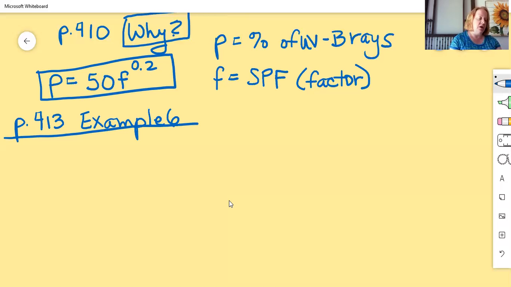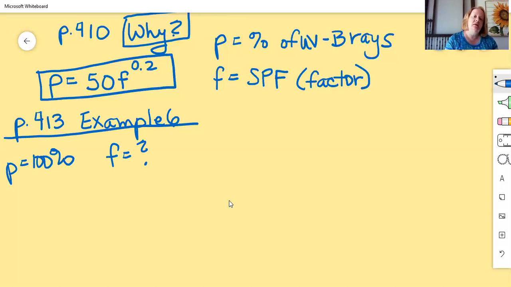We want to find the SPF that absorbs 100% of UVB rays. So P is going to equal 100%, and we don't know what the factor is, and that's what we're going to find. We're going to use our equation and sub in some numbers.